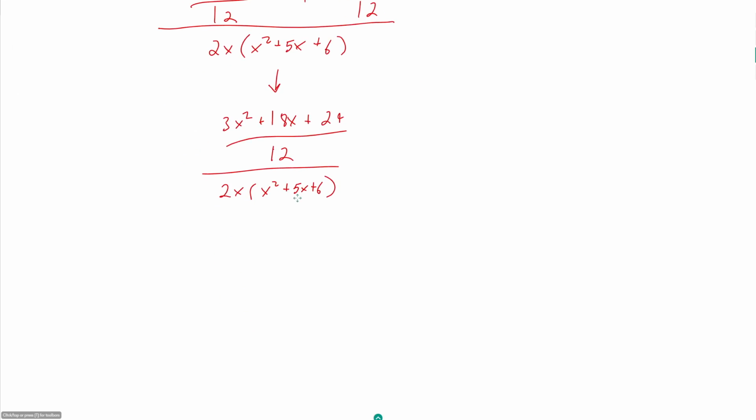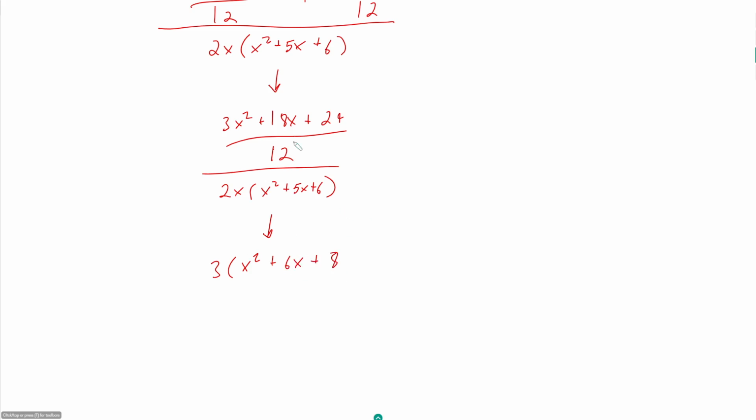It looks like we still have some simplifying to do in our numerator. I don't want a fraction over some other expression. I just want a single numerator and denominator. So I can factor out a 3 from my numerator up top. That leaves me with 3 times (x squared plus 6x plus 8).